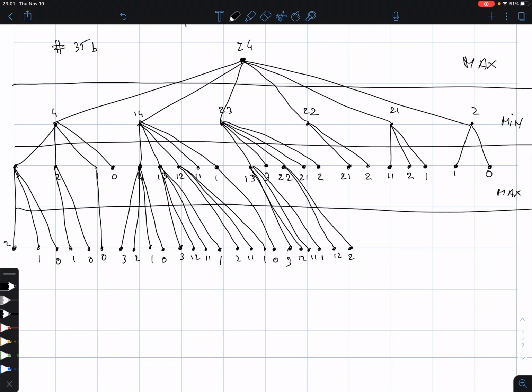Or what else? Well, those are the only two things I can do, right? I take 1 away, 1, 2, or 2. Okay. 2, 1. That is either 2, 1, 1, and 1.